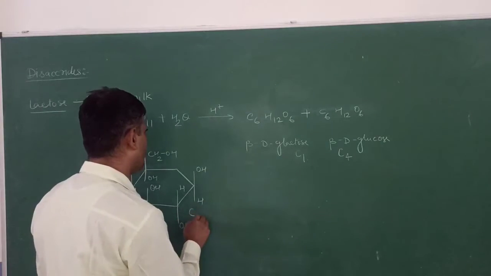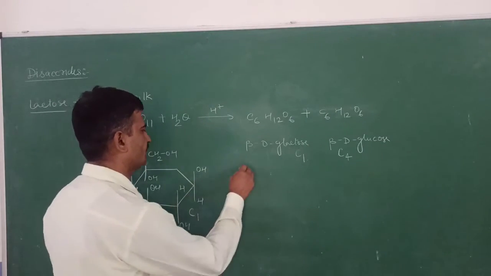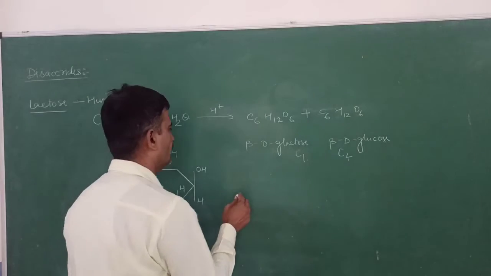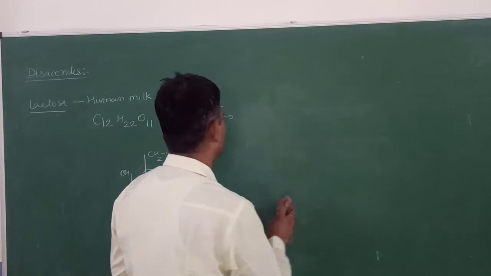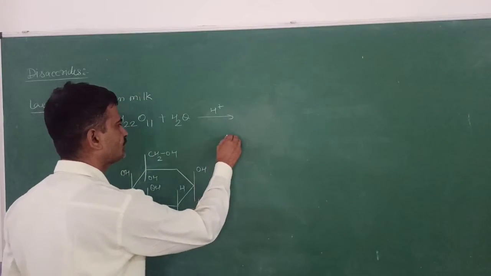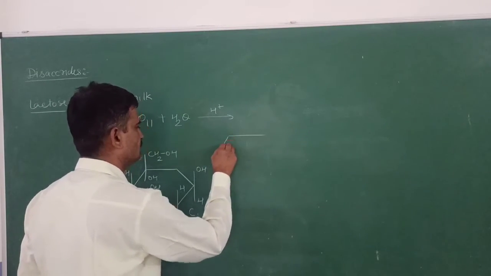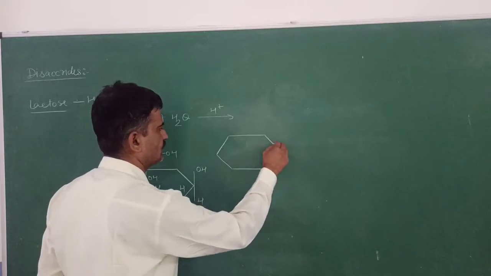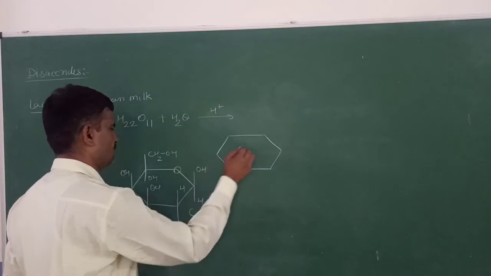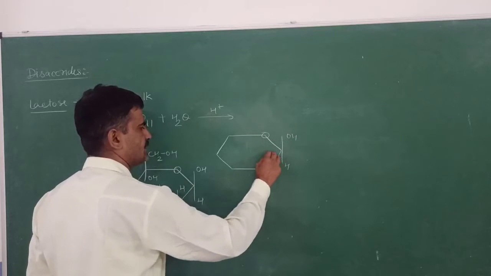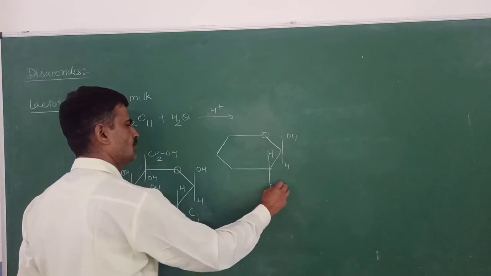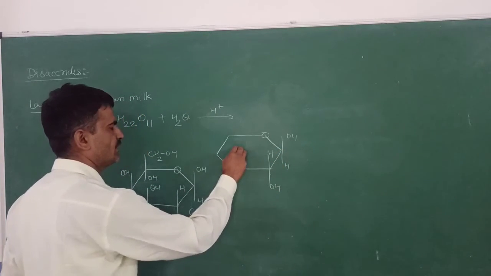This is the C1 carbon of the galactose unit. Here we will draw another beta D glucose unit. Let us see here. The glycosidic linkage, OH, H, H, OH, change in configuration at this carbon.